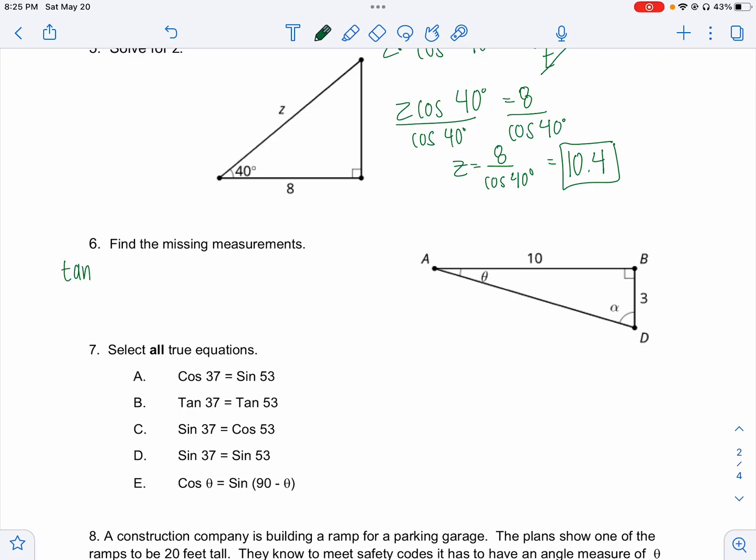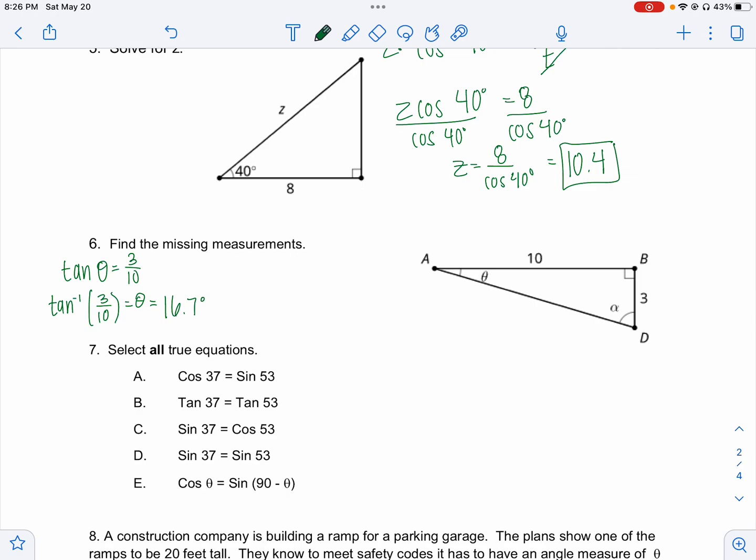So we set this up as tangent of theta is equal to 3 over 10. Since we're finding an angle, we do tangent inverse of the ratio equals theta. You can type that into a calculator to get that theta equals 16.7 degrees.